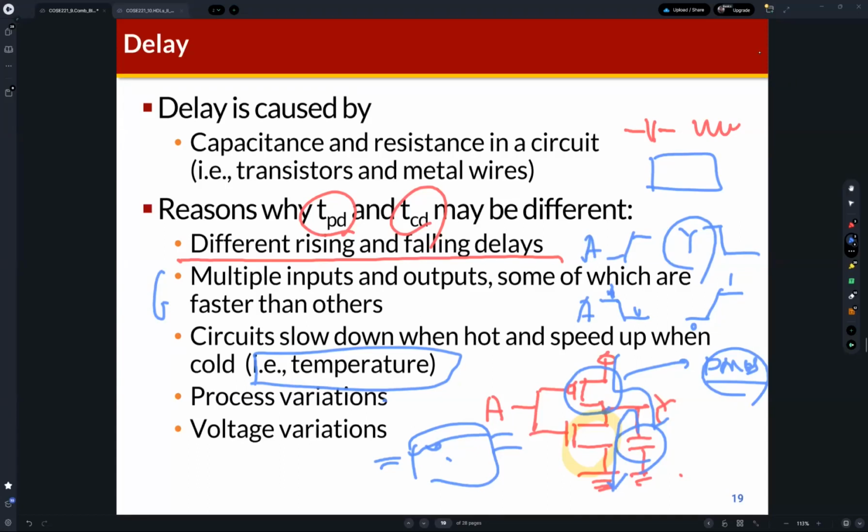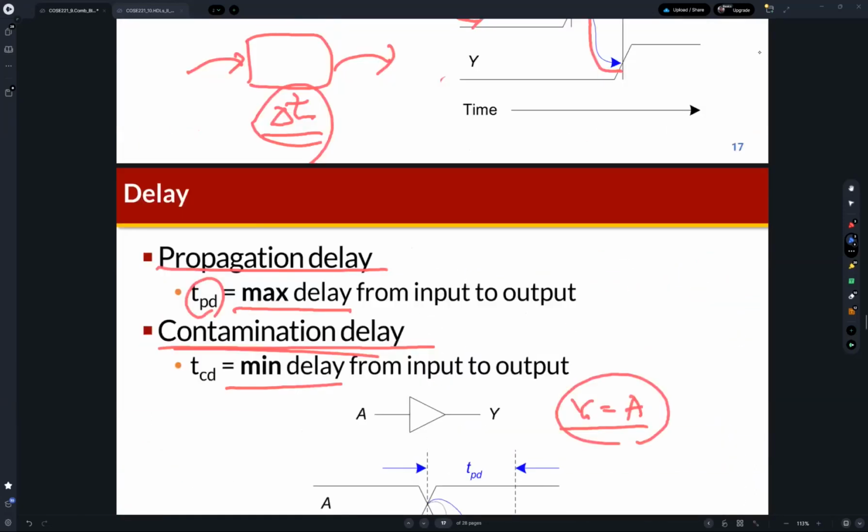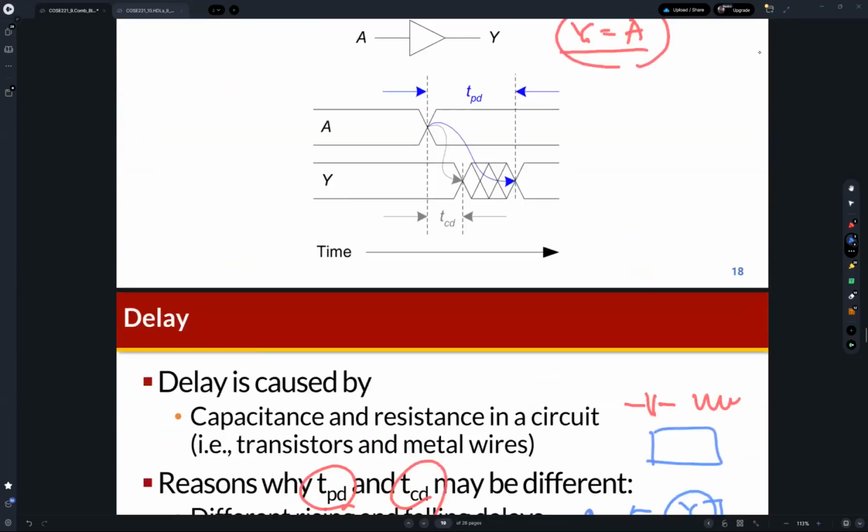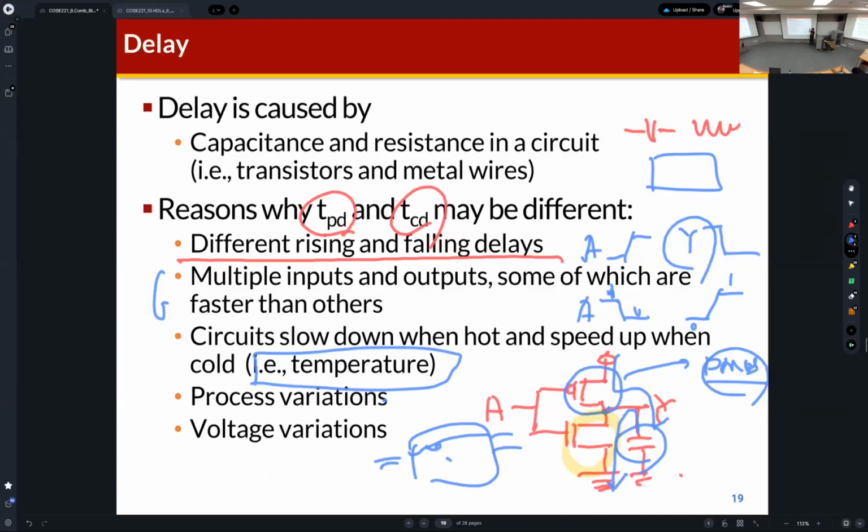If the temperature is high, which means it's hot, then the delay is increased, it's slowed down. And if the chip is cold, then the delay is decreased. Also, this determines the maximum delay and minimum delay of a circuit.